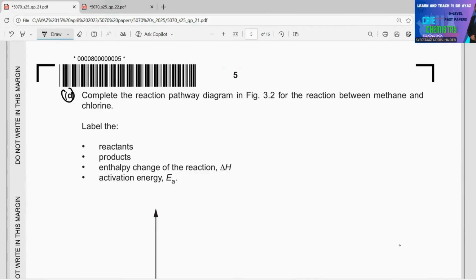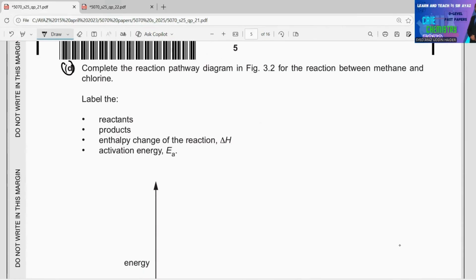Part D. Complete the reaction pathway diagram in figure 3.2 for the reaction between methane and chlorine. Label the reactants, products, enthalpy change of the reaction, delta H, and activation energy, EA. You see, the enthalpy change of the reaction is negative, so it must be exothermic.